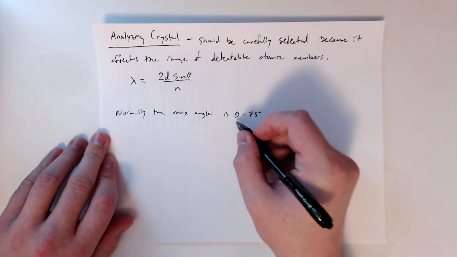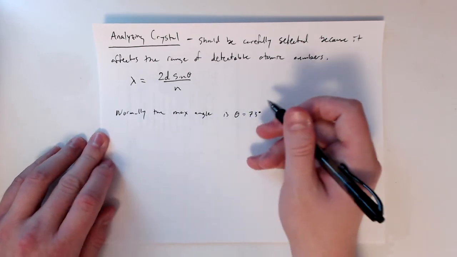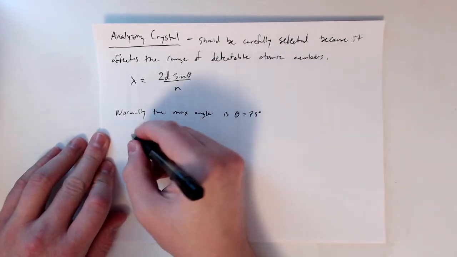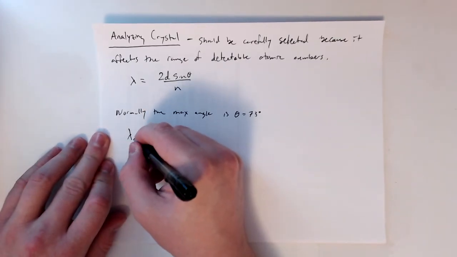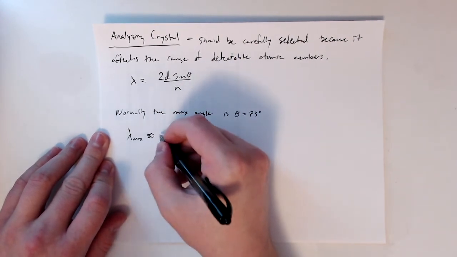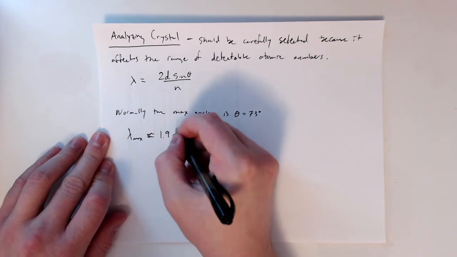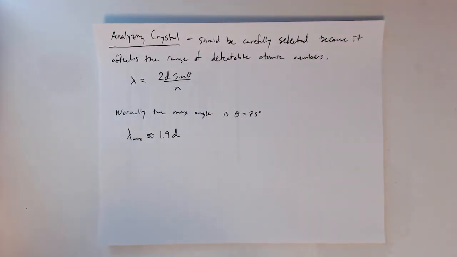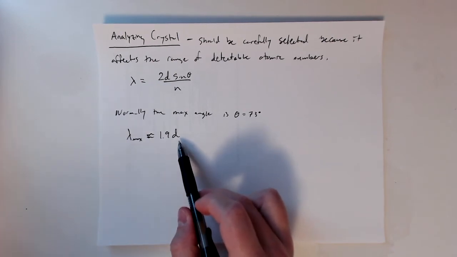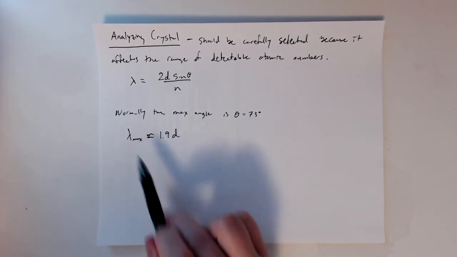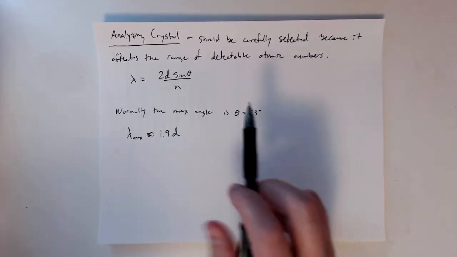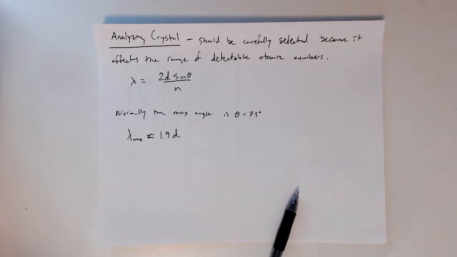So that's, again, theta, not 2 theta. And so if you plug this into this expression here, you get that the max wavelength is going to be approximately 1.9 times the d-spacing of the crystal. So basically, whatever your d-spacing is for your analyzer crystal, double that, and that will give you your max wavelength in the same units. So let me show you a slide from the book.